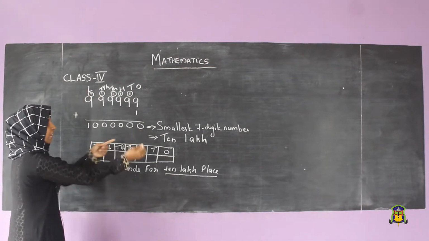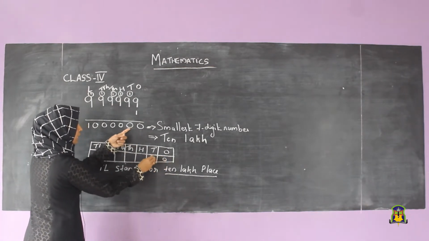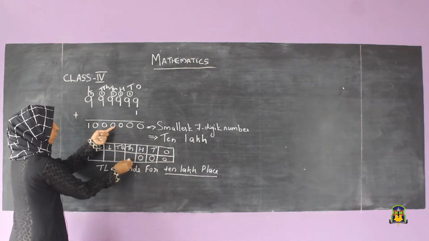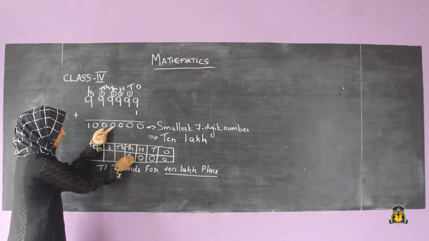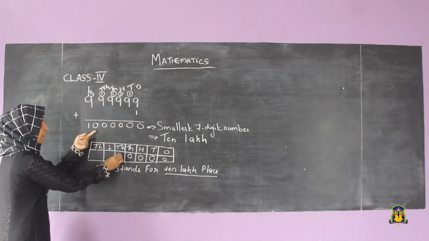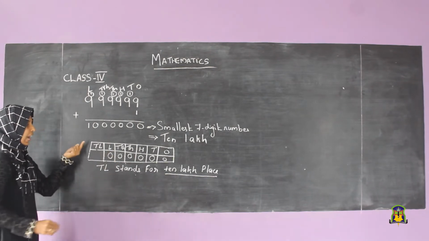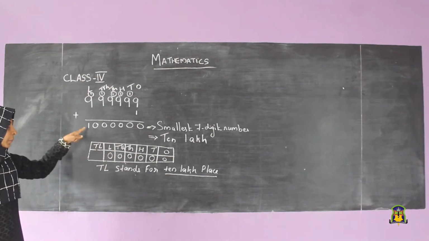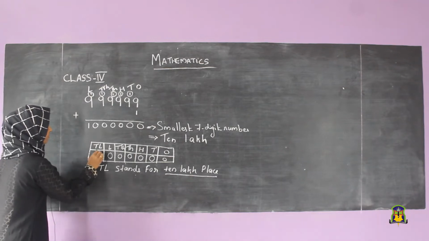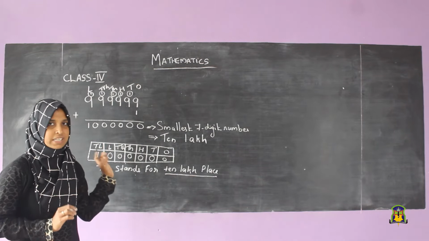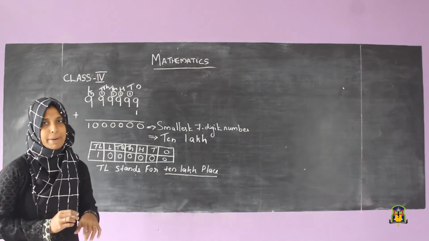In the ones place, 0, tens place, 0, 100 place, 0, 1,000 place, 0, 10,000 place, 0, lakh place, 0, and in the 10 lakh place 1.